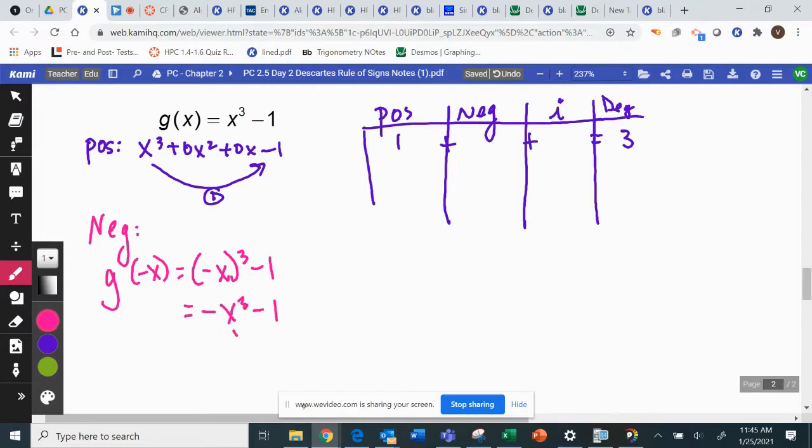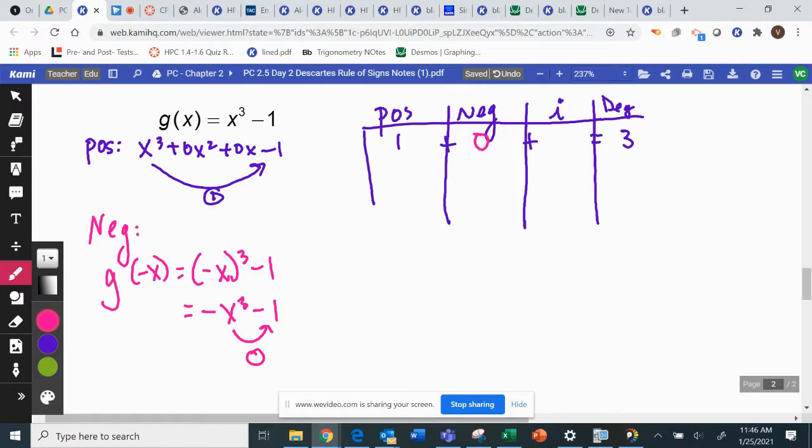So how many sign changes? Goes from negative to negative. So that is a maximum of 0. There's no possibility of a negative zero.